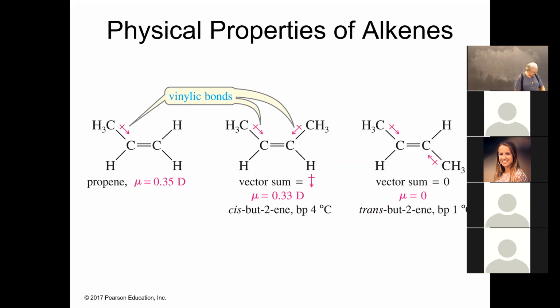Let's look next at the physical properties of alkenes. Propene has a slight dipole moment. So does cis-butene. Trans-butene, though, has a zero dipole moment. As a result, it has a slightly lower boiling point than the cis-butene.